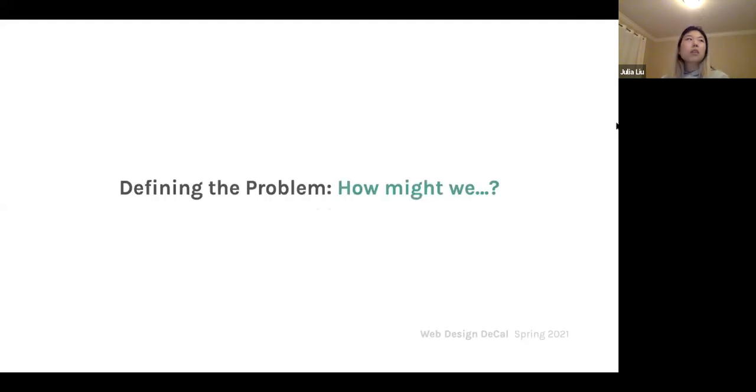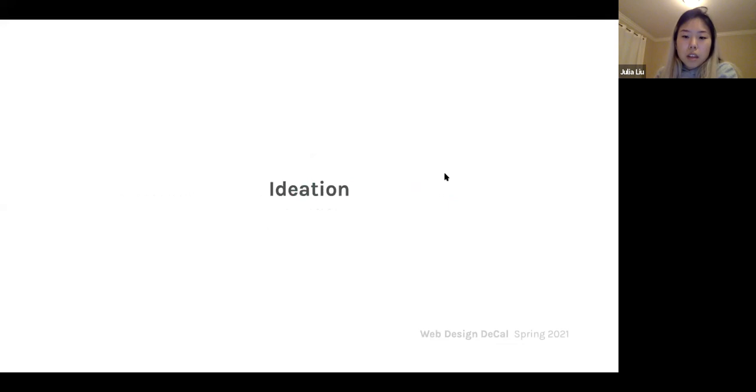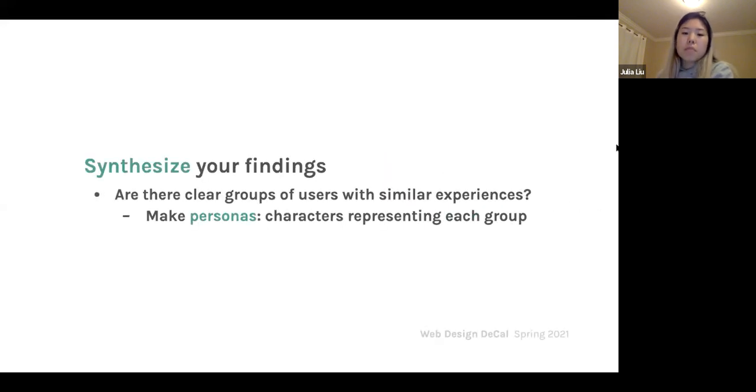When designing for these spaces, you really want to define the problem. A common approach is to create a how might we statement to frame your problem and really understand what you're designing for. And then for ideation, you're going to start ideating after you synthesize your findings.